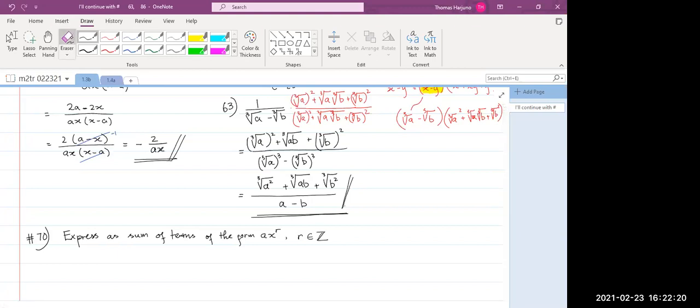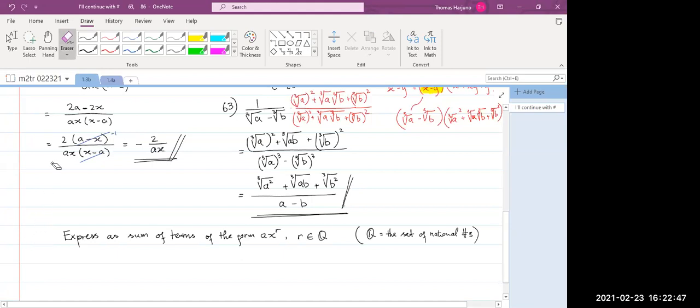Oh, I'm sorry. No. Rational is not r, rational is q. So q is the set of rational numbers. So it's okay to have negative exponent for this number 70, okay, because they want us to write it as the sum of terms in the form of ax to the r.